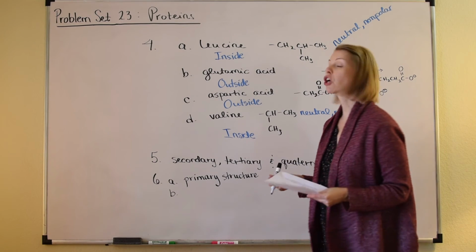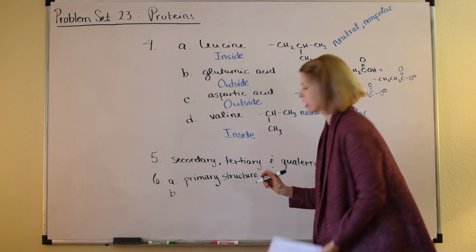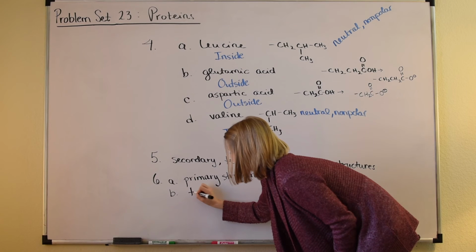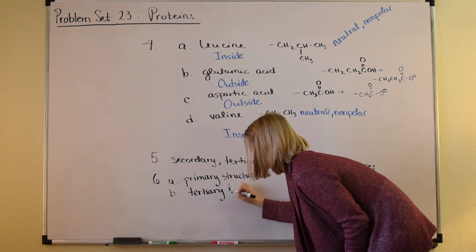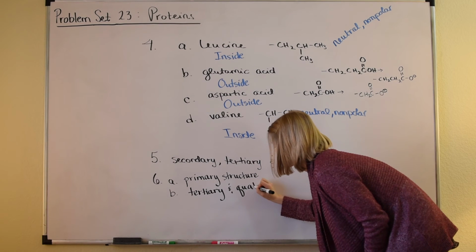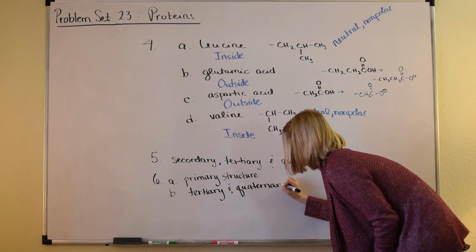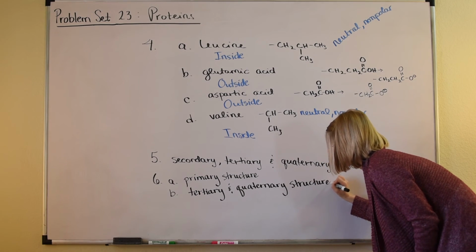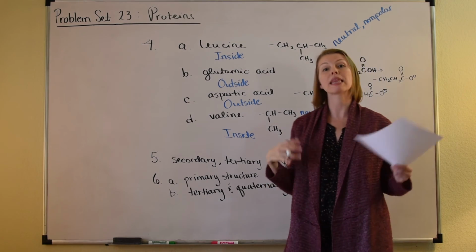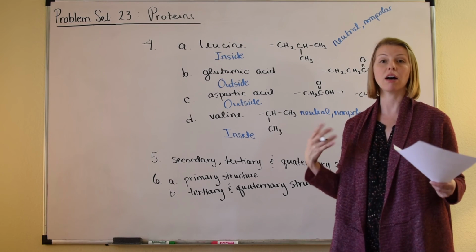And that would be the tertiary and the quaternary structure. So I'm going to write here the tertiary and the quaternary structures. Remember that they are stabilized by the same types of interactions.